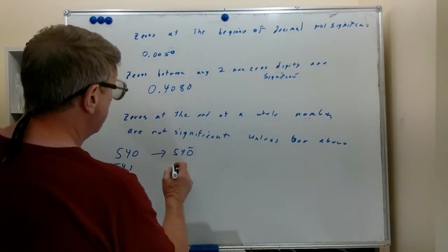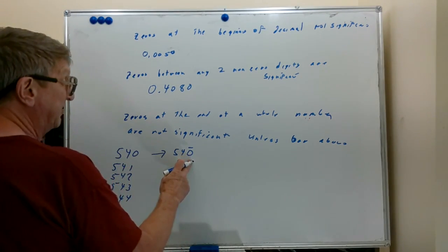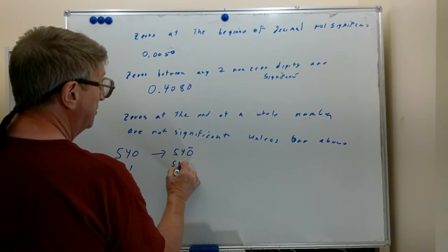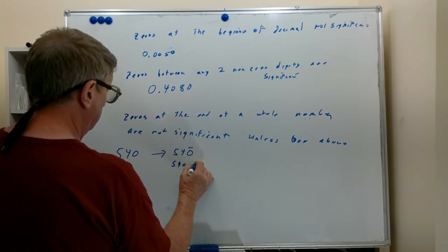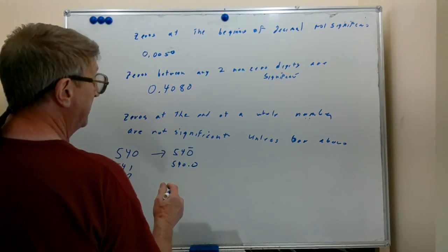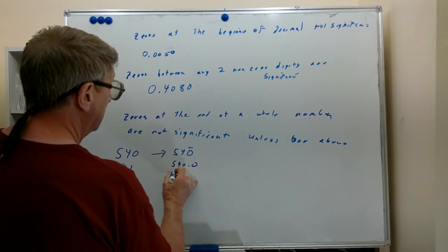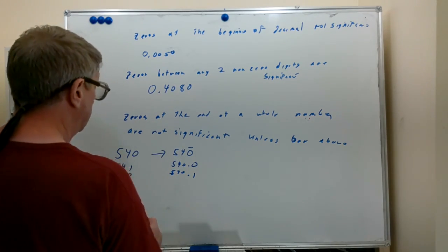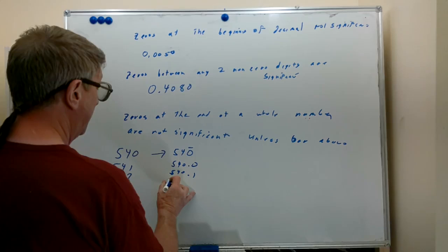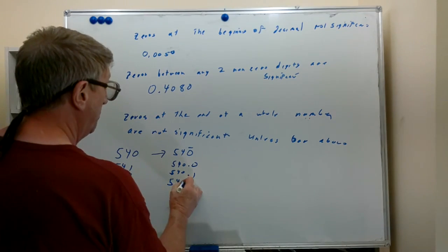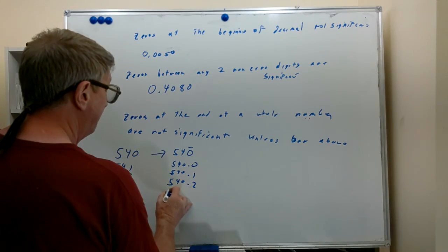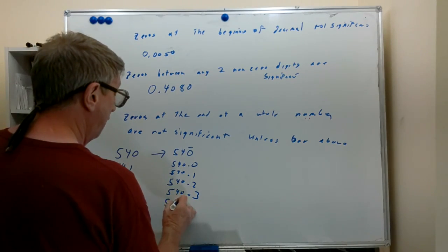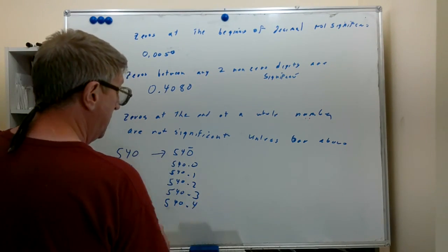Now this one over here, we know that that's a 0, that it wasn't rounded. It could be 540.1, 540.2, 540.3, 540.4.